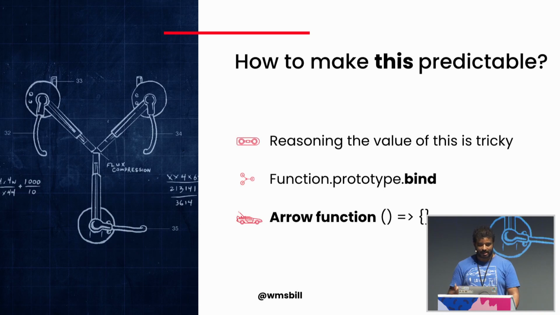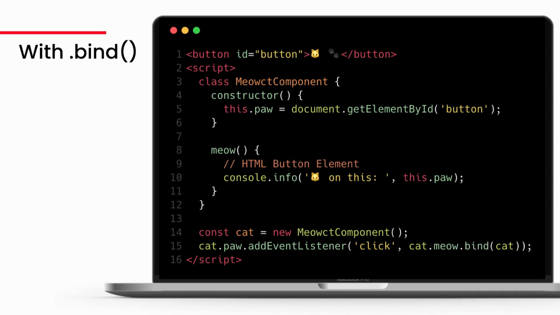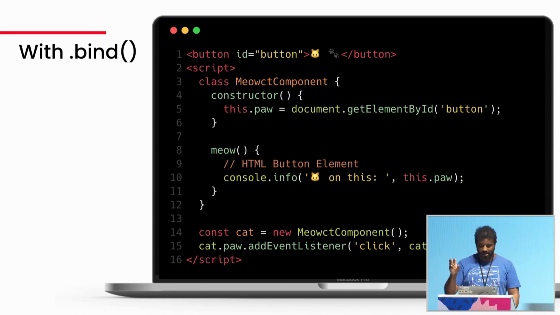Reasoning about this inside JavaScript is pretty tricky. We can achieve this by doing two things. First, Function.prototype.bind, which binds the context of the first parameter you send to the bind function to the method you want to call, and second, arrow function. So I will show the previous example with these two techniques. The first one, as you can see here, again on this bottom line, I'm explicitly binding the cat instance into the meow method, so I will print out properly the button element there.